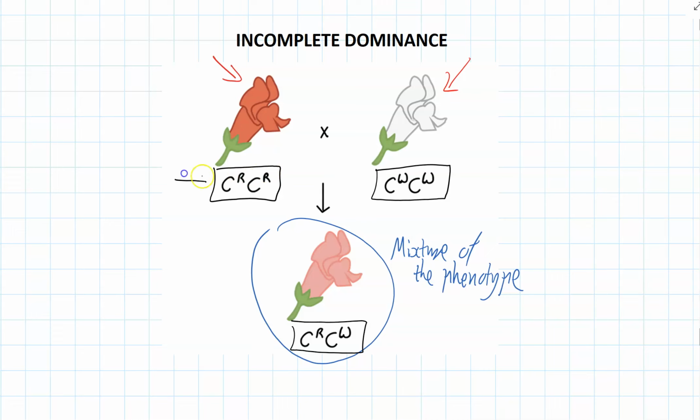So this plant is homozygous for the white, and this plant is heterozygous. You can just use 2 capital letters as well if you want, particularly at year 10. So that would be completely fine as well.